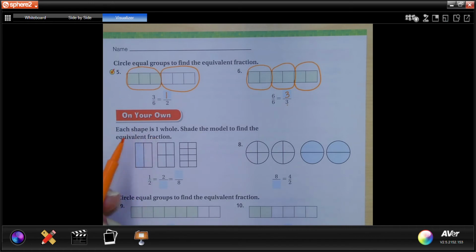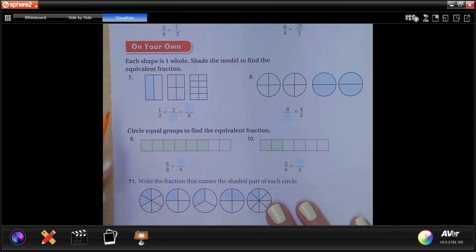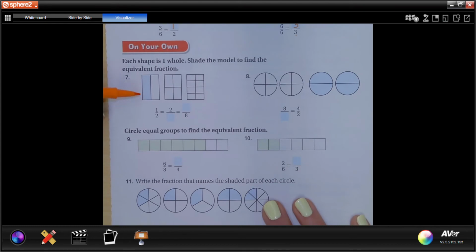On your own. Each shape is one whole. Shade the model to find the equivalent fraction. Okay. Number 7. We have this side shaded, so 1/2 is shaded. So now we're going to shade this side on this one, and shade this side on this one, so they're all equal.